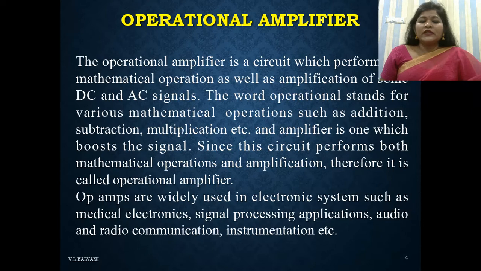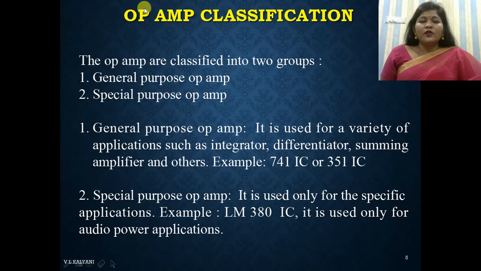So operational amplifiers are widely used in electronic systems such as medical electronics, signal processing applications, audio and radio communication, instrumentation, etc. Operational amplifier classifications are in two forms: general purpose operational amplifier, and special purpose operational amplifier.